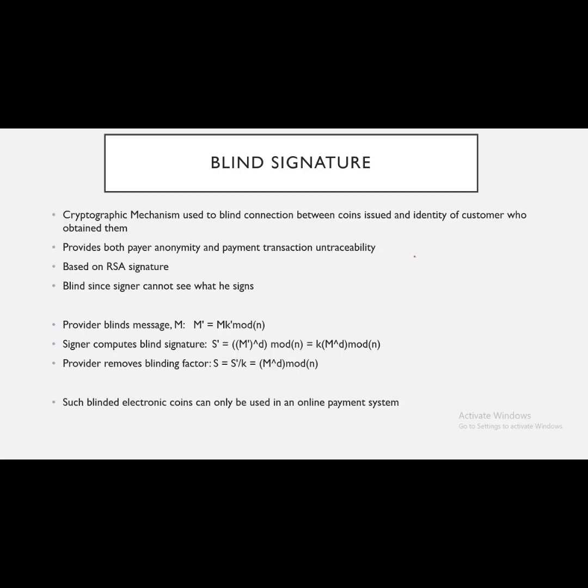Now the signer has signed the e-currency and gives it back to the user, who just removes the blinding factor from it. He has the blinding factor K, so he just removes it by dividing S', so he has a message that has been signed. Okay, and now it can be used in transactions.